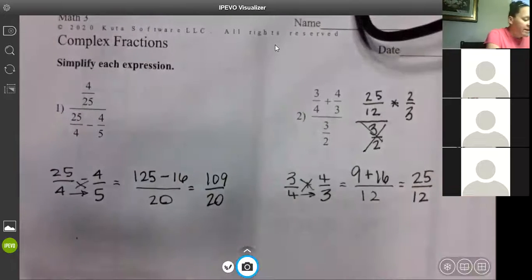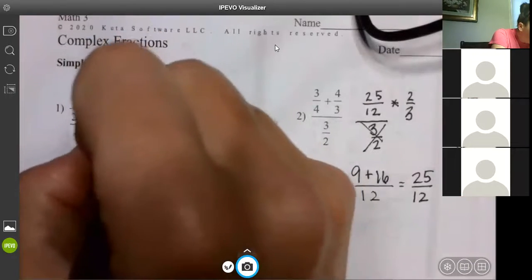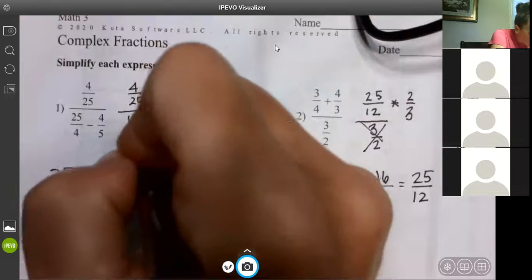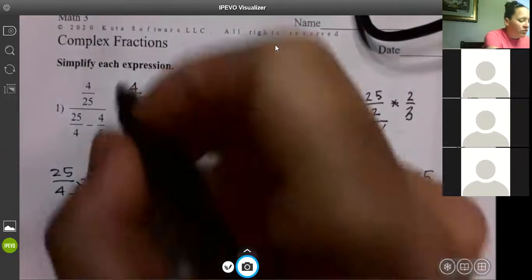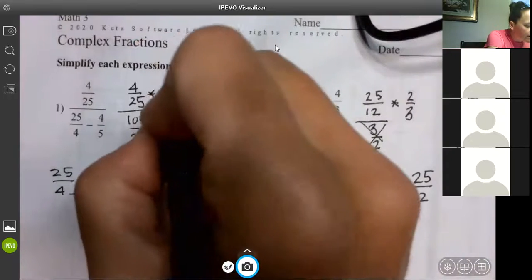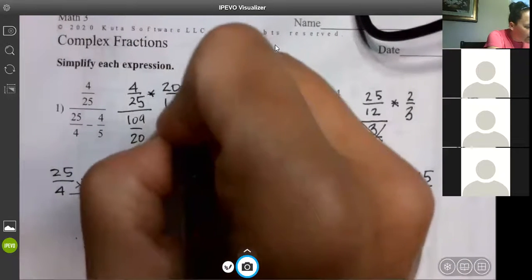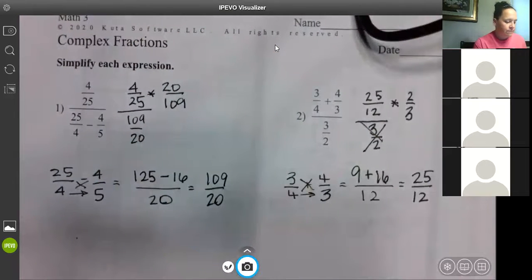So we're going to replace it up here. We have 4 over 25 over 109 over 20. But again, we don't divide, we flip and multiply. So we're going to change it to multiply and flip that fraction. Okay. Cross reduce if you can.